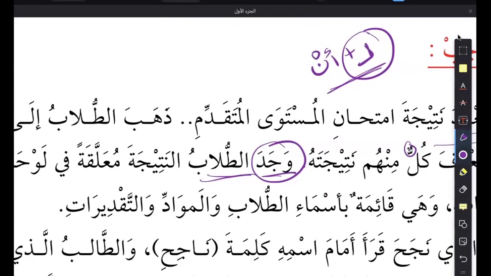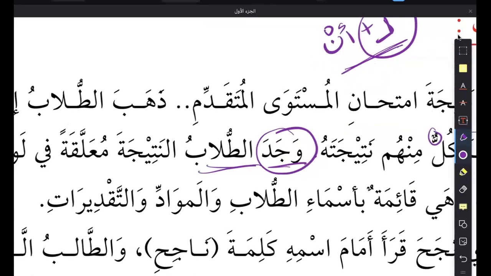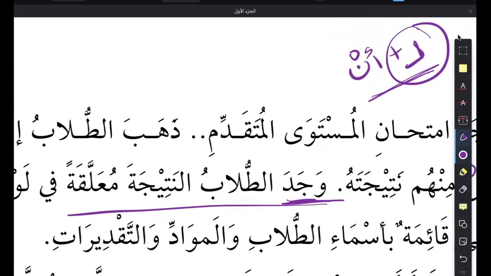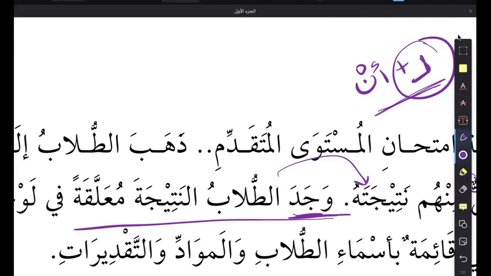It can be مذكر مؤنث, but it cannot be plural, especially when you're studying a concept. So وجد, we have a verb first, so this is a verbal sentence. You don't say plural. But if you bring the طلاب before, then it becomes a nominative sentence. Then you have to say وجدوا. If you say الطلاب, then you say وجدوا النتيجة.